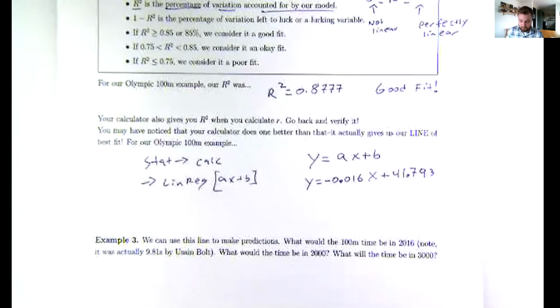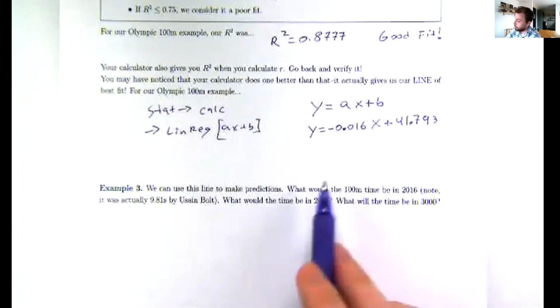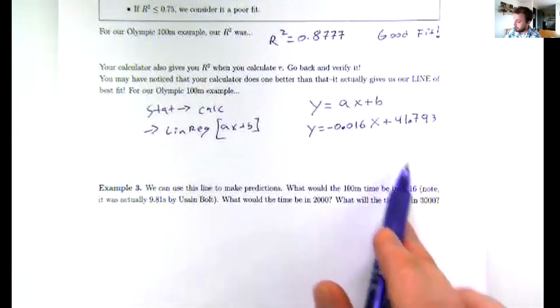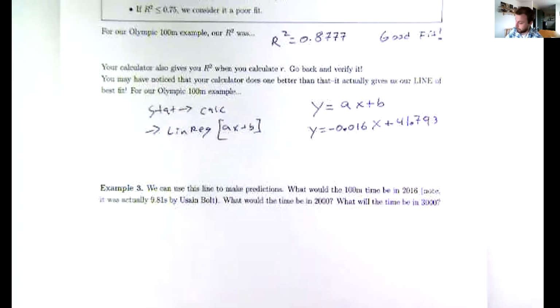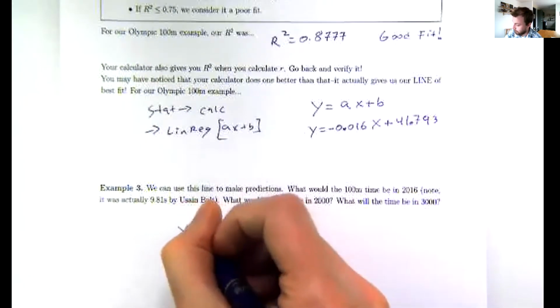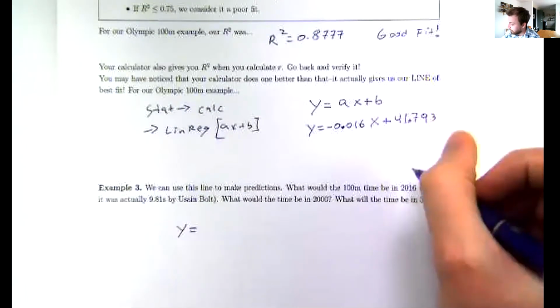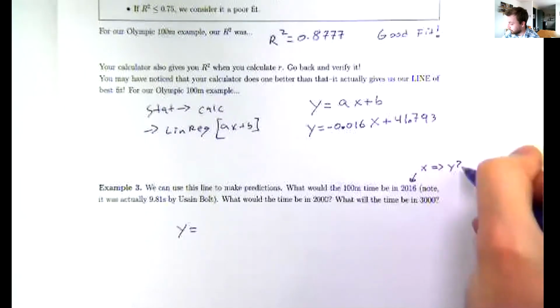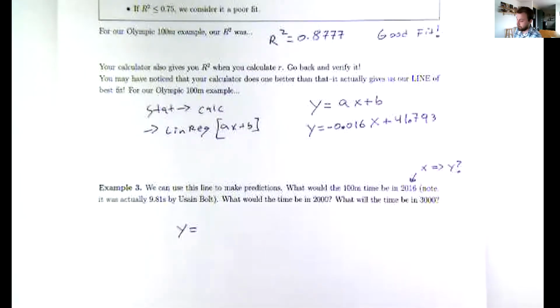And the nice part of this is we can make predictions using this line to try to figure out what's going on for certain years. So for example, what would the 100-meter time be in the year 2016 if I'm using this equation? Well, Y equals, I'm given the year X, and I want to predict what my Y value should be.